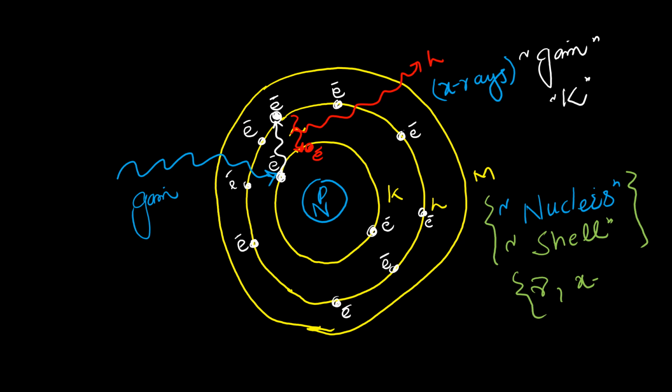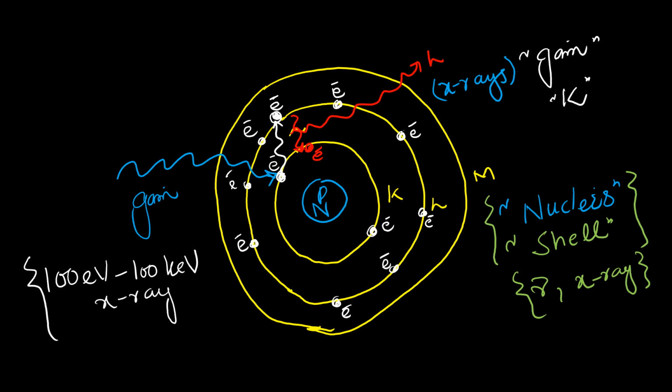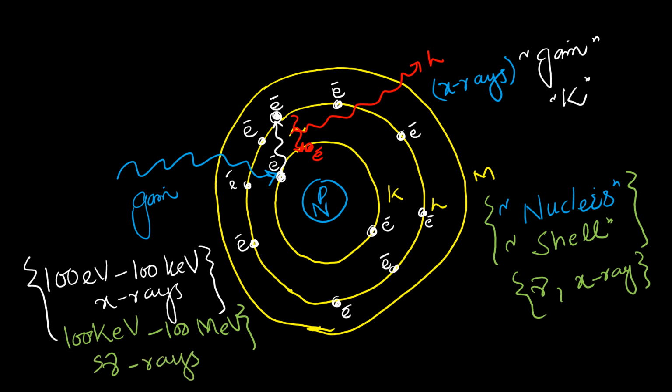Now, dear student, please keep in mind that the energy of X-rays is less than gamma rays. The energy of X-rays is around 100 electron volt to 100 kilo electron volt, whereas the energy released by gamma rays is in the range of 100 kilo electron volt to 100 mega electron volt, which means that gamma rays are much more energetic than X-rays.